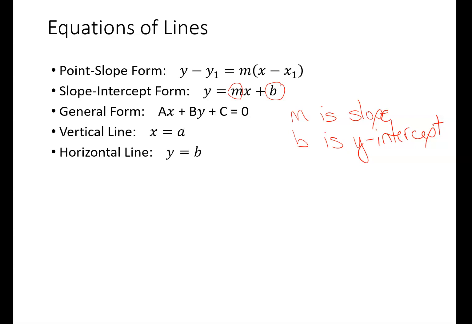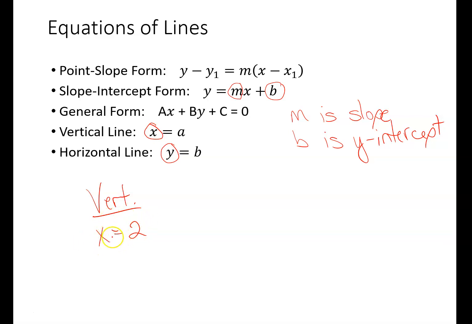Vertical lines have an x in the equation. a is just any real number. Okay. A horizontal line has a y in the equation, and b is just a number. So for example, for a vertical line, I might have something like x equals 2. It only has an x in it, no y.